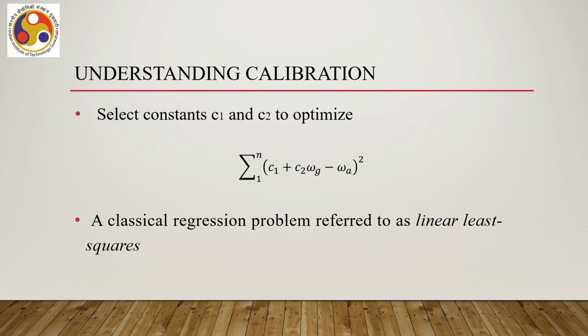This is a simple or straightforward optimization problem, where we are trying to find out constants C1 and C2, which optimizes the expression C1 plus C2 Wg minus Wa. This is a classical regression problem.